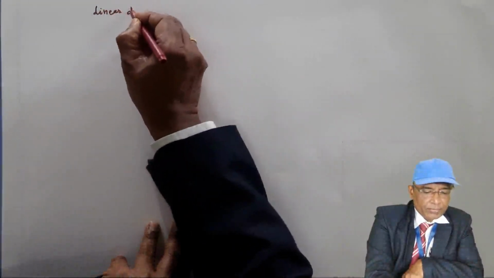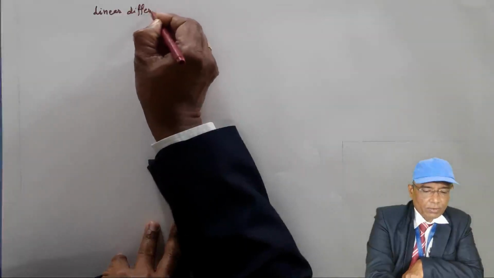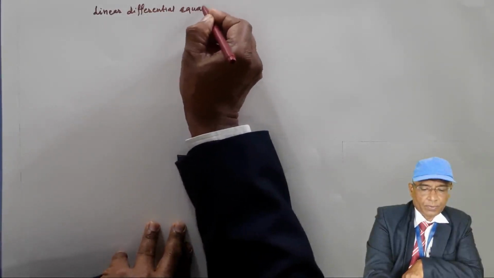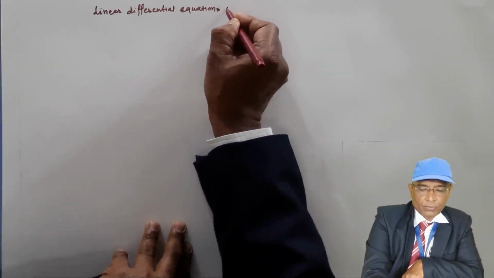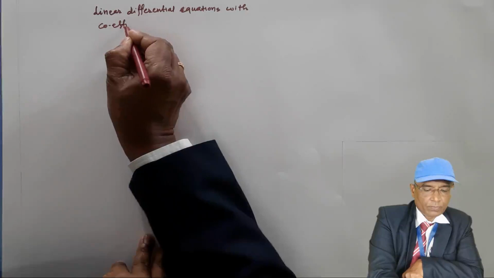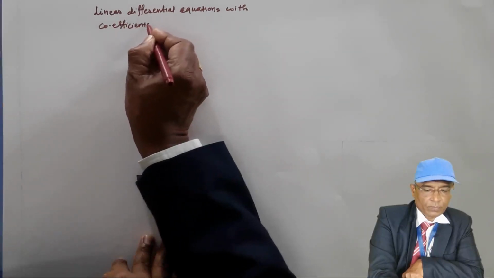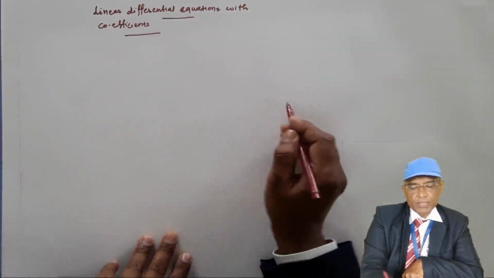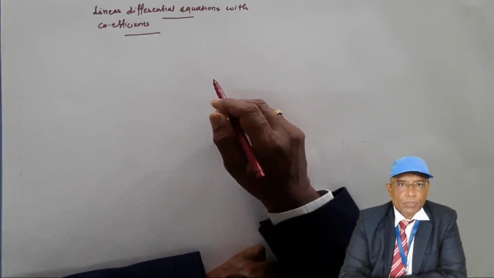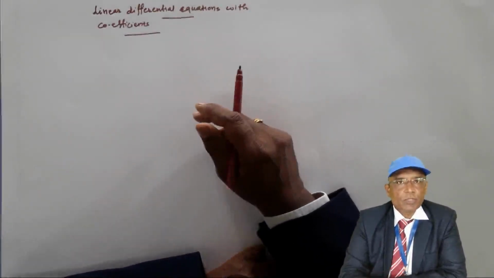In differential equations, we are going to discuss particularly linear differential equations with constant coefficients. When you solve a linear differential equation with constant coefficients, there will be two parts of the solution.